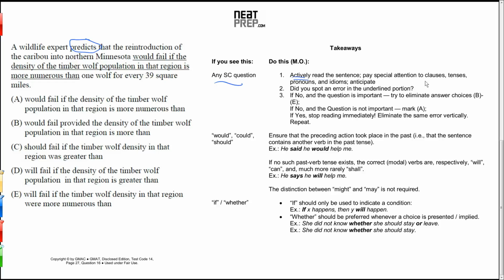You need to pay special attention to clauses, tenses, pronouns, and idioms, and you need to anticipate. In other words, it's very different to what most people do when they see these questions. When I see predict, the tense is present simple, and I'm expecting that everything is going to stay the same. If anything changes, then I know I'll need to examine it very, very closely.